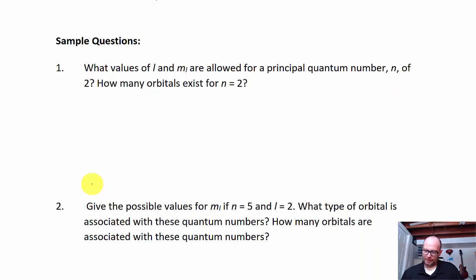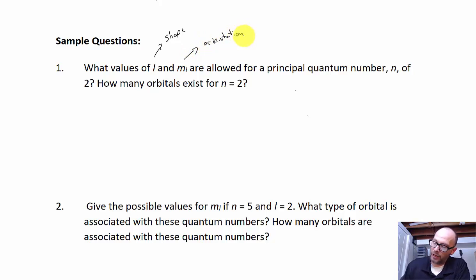It says: what values of L, which is the shape number or the second quantum number, and ML, the magnetic number or the orientation in space. I always think of L as the shape of the orbital, and ML as the orientation of the orbital, not the electron.